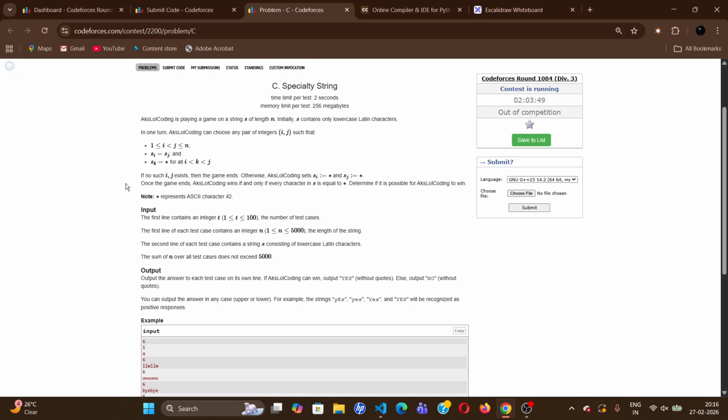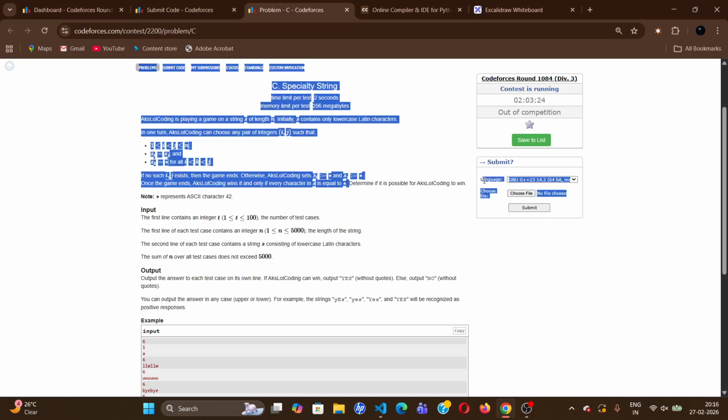Okay. Once the game ends, Scroll will win if and only if every character in s is equal to star. So to win. Okay.